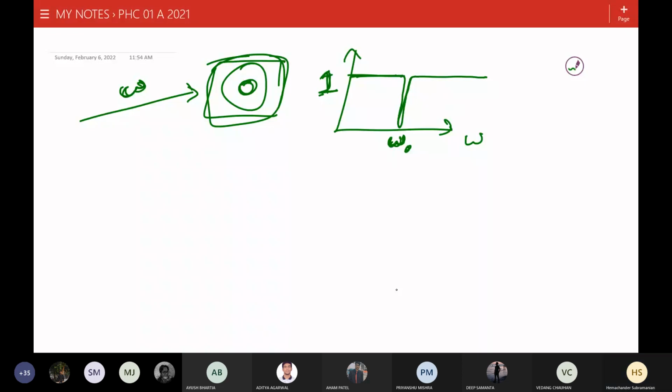This curve is usually extremely sharp. That means the atom is not dissipating much, because the bandwidth is really small. Does it make sense? Yes, sir.